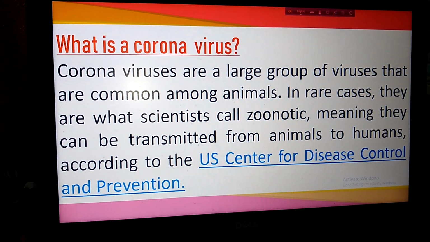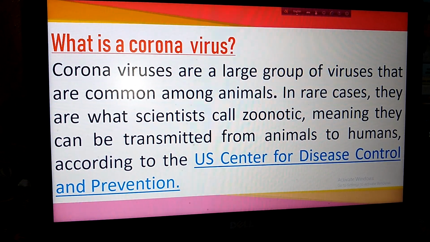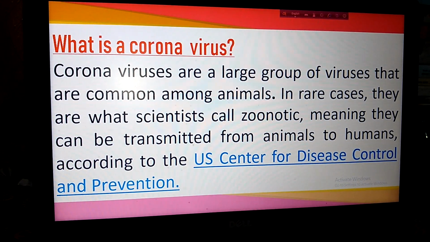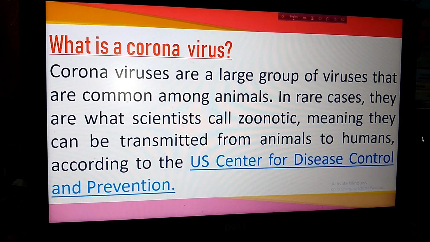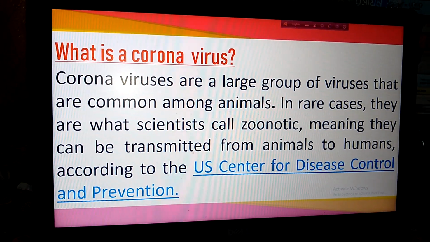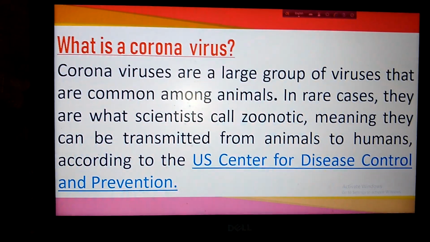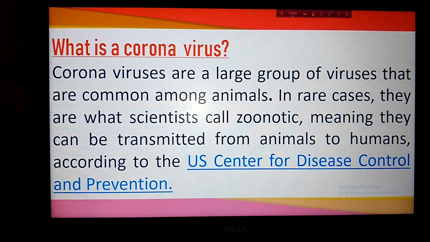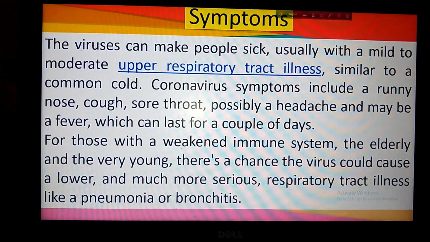Normally, if anyone is affected with coronavirus, then they may suffer from fever, cough, and some other common diseases. At first we can feel that these are very common diseases, but when it stays for a long time, then we will suffer a lot.